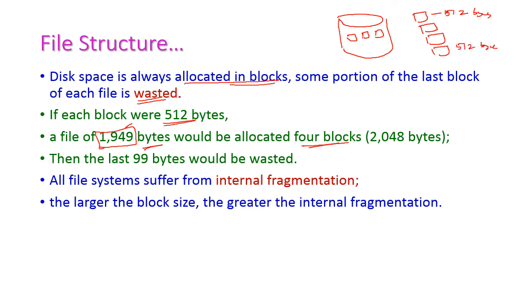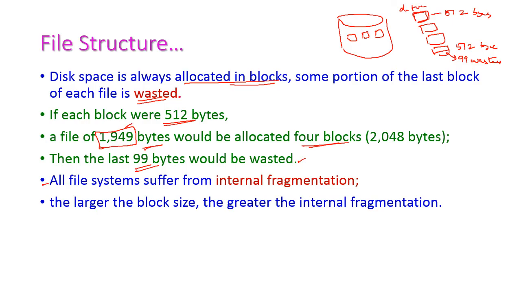Okay, when it comes to the last block, see, 99 bytes will be wasted. In this last block, the last 99 bytes will be wasted, because the file size and the block size are different. Okay.